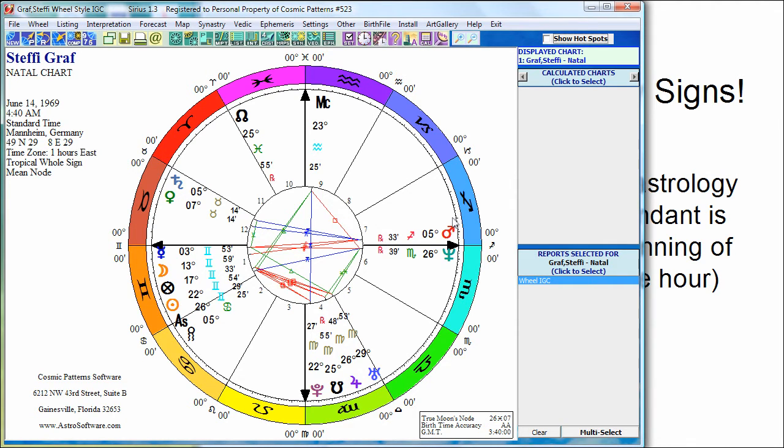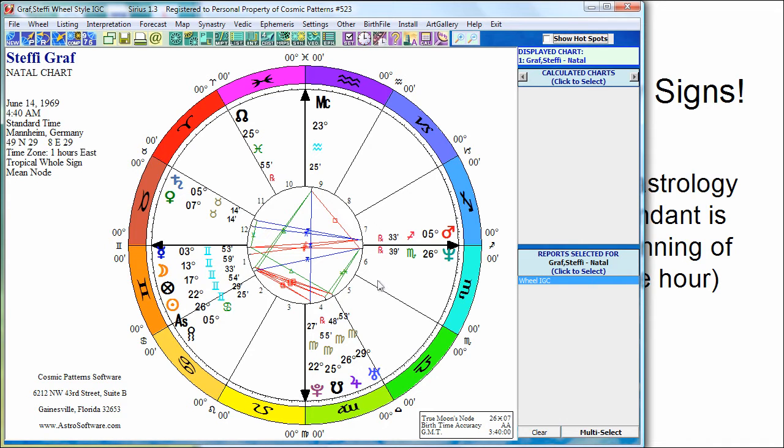And in fact, in Vedic astrology, the Chandra Lagna, Chandra is a word for moon, Lagna means the first house, or what we're going to regard as an ascendant. You can count from the moon. Well, for Steffi, sun, moon, and ascendant are all Gemini, so they end up being the same, but you get the idea. You can count from basically any point, and because the moon is so important in Vedic astrology, you can count from the moon.